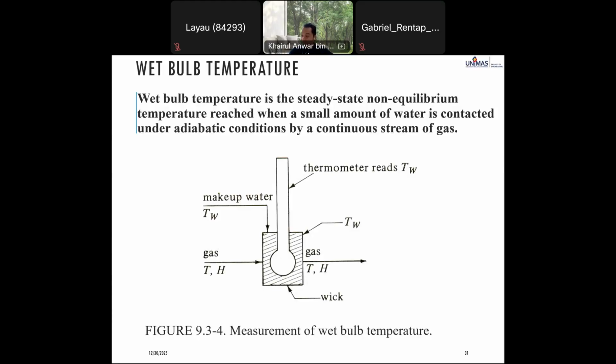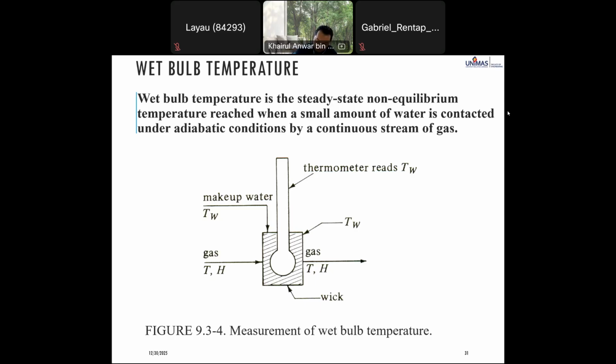Next is the wet bulb temperature. The adiabatic saturation temperature is the steady state temperature attained when a large amount of water is contacted by the entering gas. The wet bulb temperature is the steady state non-equilibrium temperature reached when a small amount of water is contacted under adiabatic condition by a continuous stream of gas.